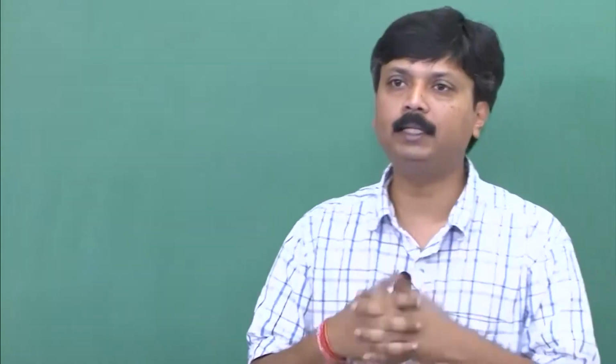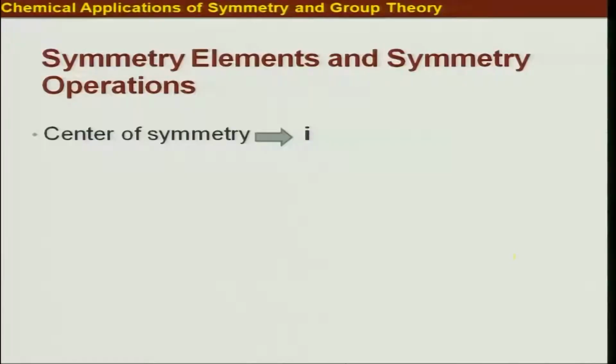Now let's move to the next symmetry element that we need to learn, that is center of symmetry, also called inversion center, which is written on the screen. So how do we define center of inversion?